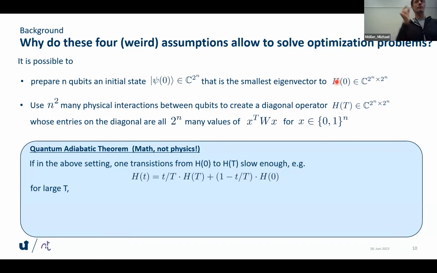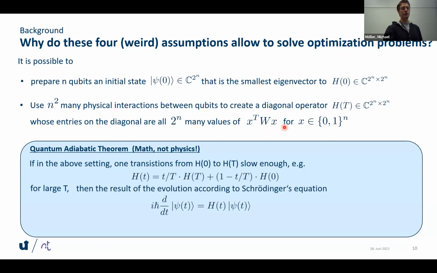Right, this is the eigenvalue, the corresponding one then. Eigenvectors of a diagonal matrix are not that exciting, but it means you can identify this eigenvector then, again with a solution to your optimization problem, because you know you'll get an eigenvector that corresponds to the minimum entry of x transpose W x.